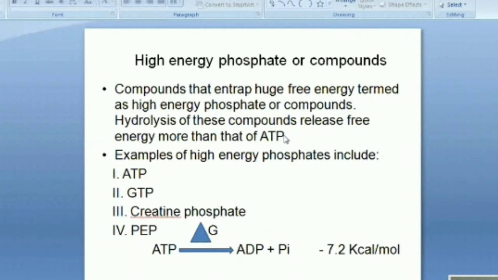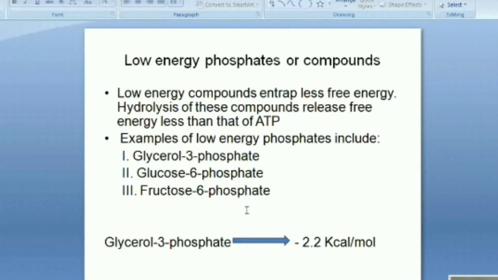Examples include ATP, GTP, creatine phosphate, phosphoenol pyruvate. Is it clear? Any compound that releases more energy than ATP is called high energy phosphate.